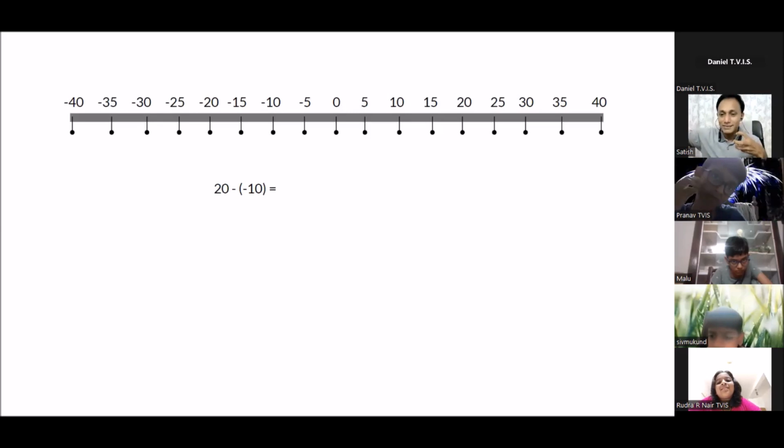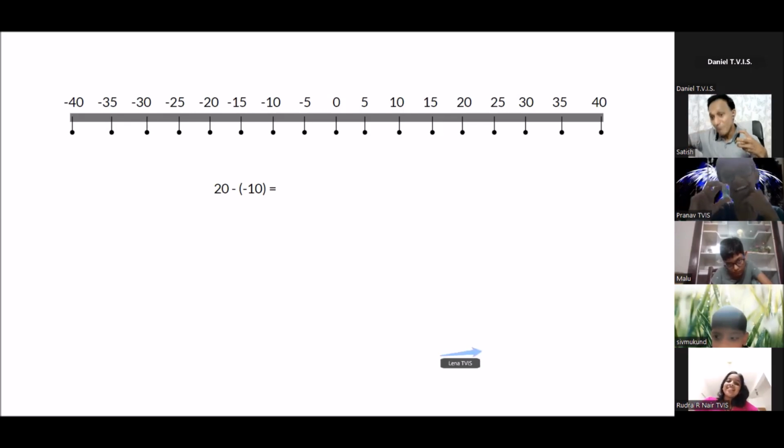Somebody is not taking the 10 rupees from you, somebody is giving the 10 rupees to you. 20 minus 10 is somebody taking 10 rupees from you. Sir, how? One second, hold on, listen carefully. 20 minus minus 10 is, they are not taking the money from you, they are giving it to you.